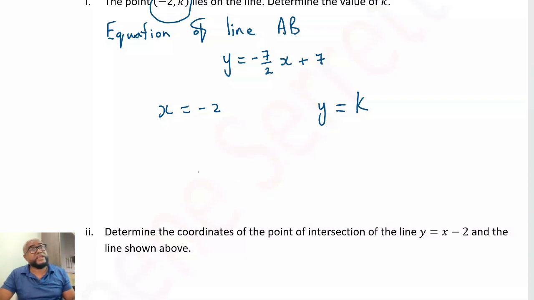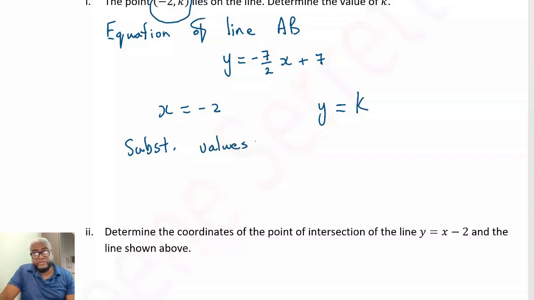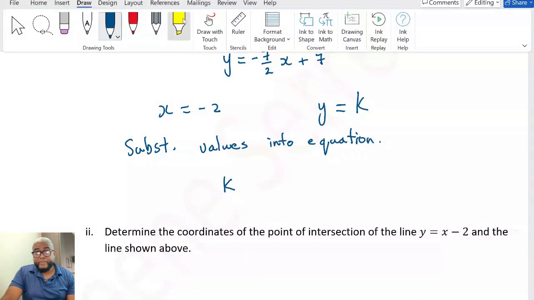Let's substitute these values into the equation. Okay? So substitute values into equation. Right? So we go in. y is k. So I'm putting k. I'm not putting y, right? I'm putting k. Everybody with me there?